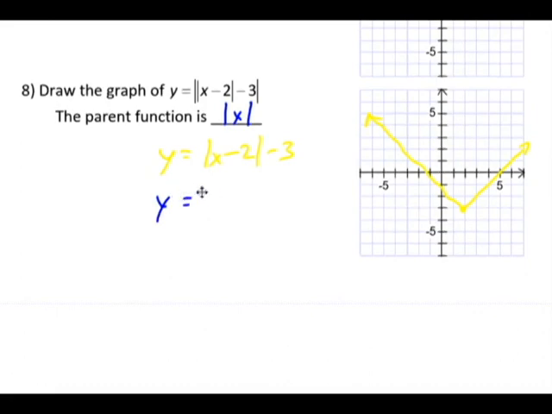Now, when we apply the absolute value transformation, we keep everything that's above the x-axis, and we bounce everything that's below the x-axis.